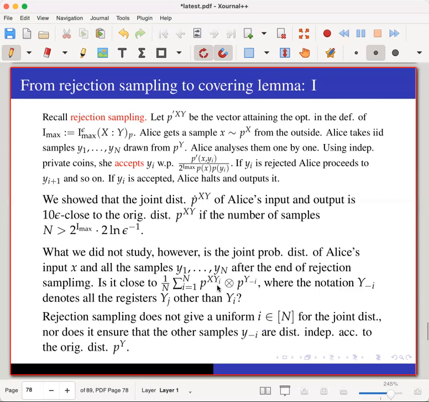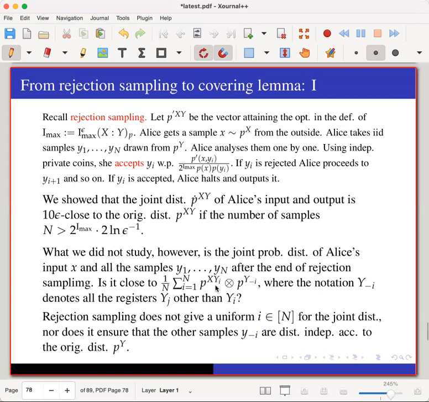A uniformly random I from 1 to capital N is the chosen one, and that gets correlated to x according to something close to the joint distribution. And that's it. The others are left untouched. So the others are IID according to py, and moreover, the others are also independent of x and yi. This is what this notation is telling. Of course, this is a stronger requirement than what we needed for message compression.